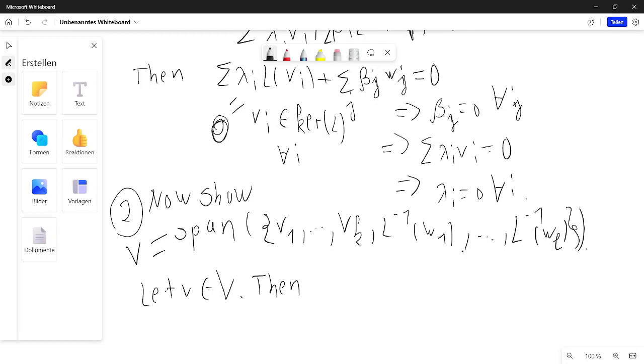Those w_1 to w_l will be a basis of the image, and so L of v is equal to some lambda i w_i for some lambda i, of course from 1 to l. Of course it's a different context, so you understand what we had above.